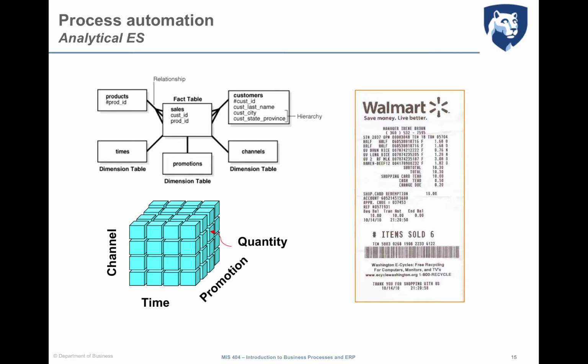So by extracting, integrating and analyzing transactional data, the data warehouse can identify some patterns, some causal linkages, some trends in the data, and then help the company understand if these trends can be used as a way to improve revenues or reduce costs.